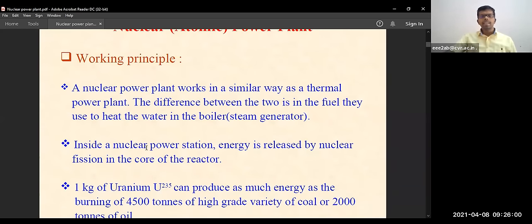So next, inside the nuclear power station, energy is released by nuclear fission in the core of the reactor. In the last class I showed one picture of how the reactor is placed in the nuclear power station. A dome shaped structure will be there, and inside that they keep the reactor.